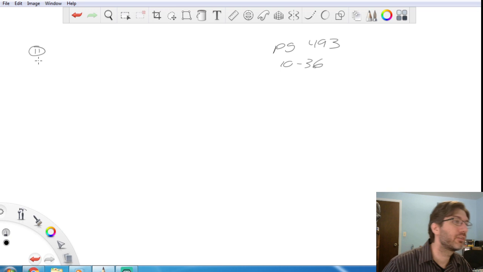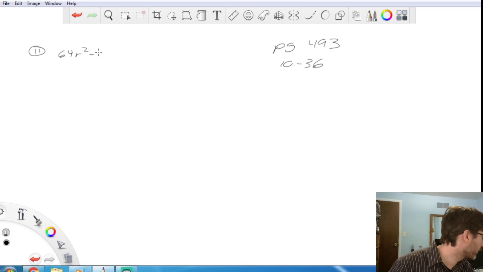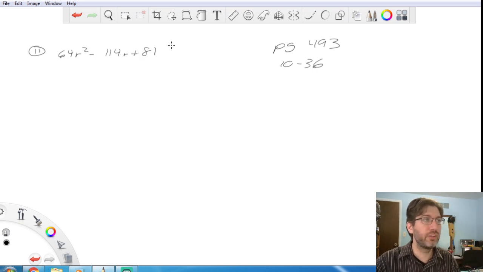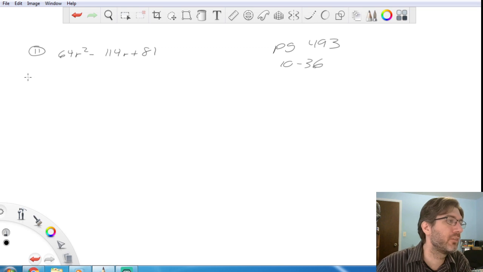Number 11 says 64r squared minus 144r plus 81. This here you need to check to see, is this a perfect square?